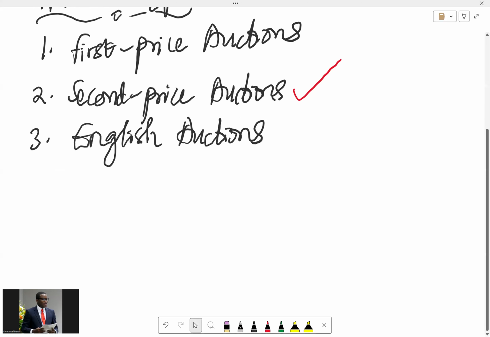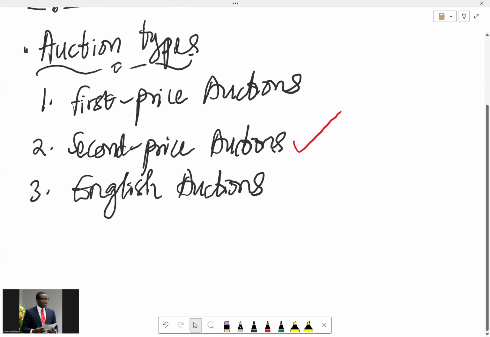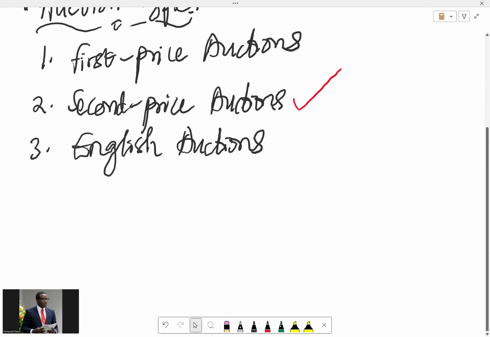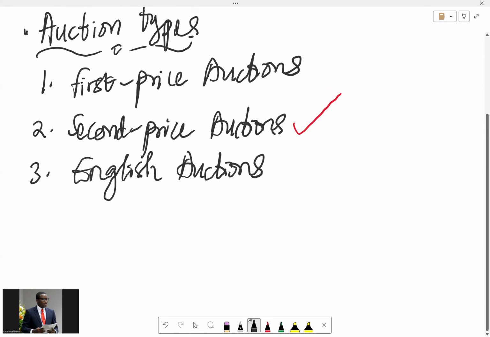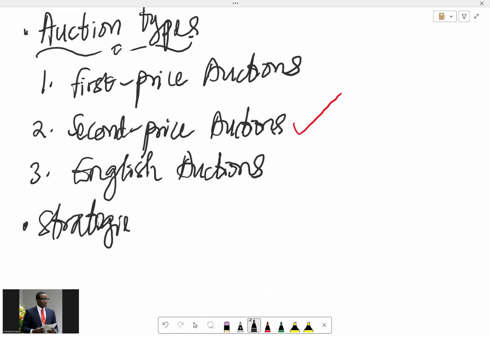But before we take an example, can we also consider another concept in this case, strategies? We are talking about game theory, so we talk about players, their strategies and their payoffs.